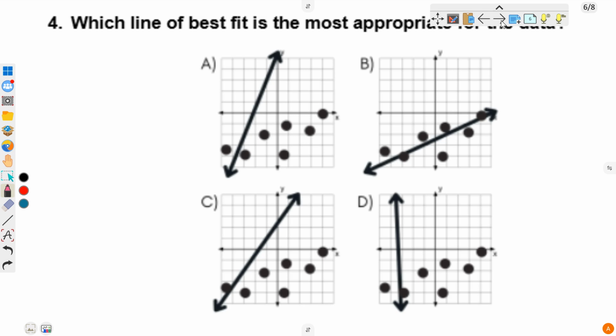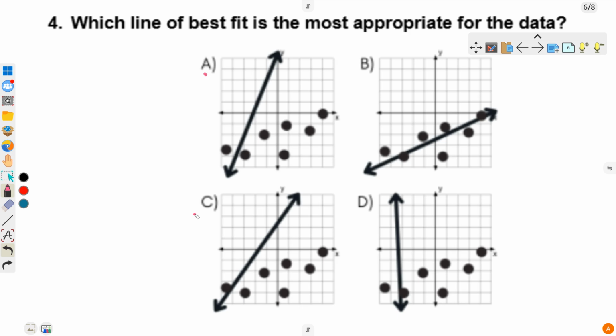Which line of best fit is the most appropriate for the data? Okay, you guys have done really well with this. I think if we look at it, well, this one here, A, they're both going in the positive direction. Same with C. But it's not in the middle of our data.